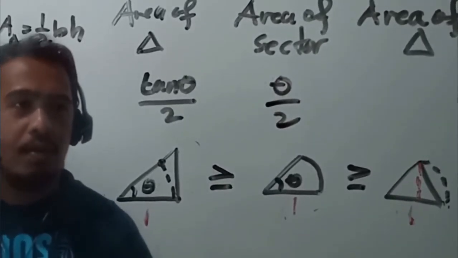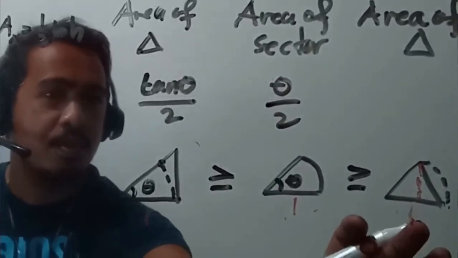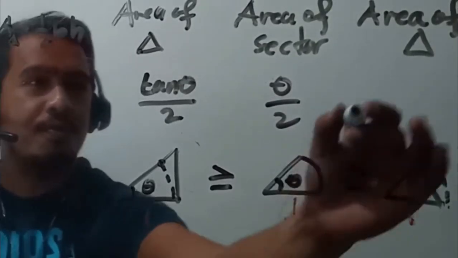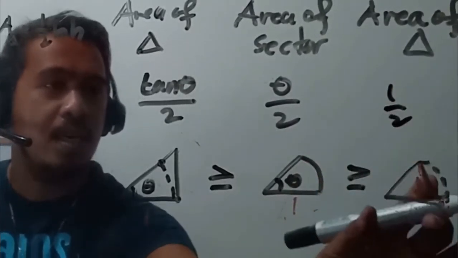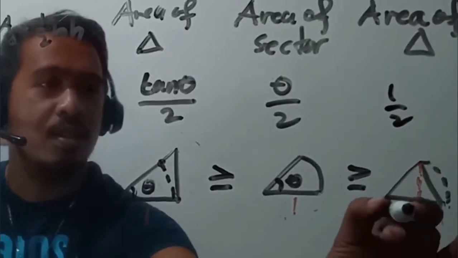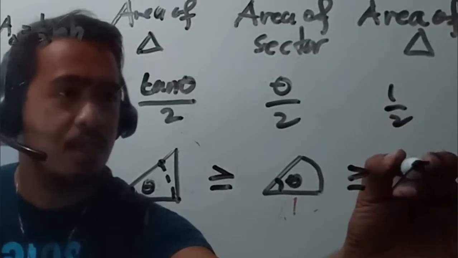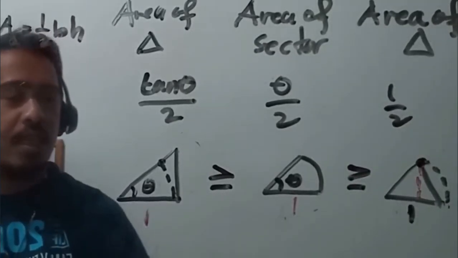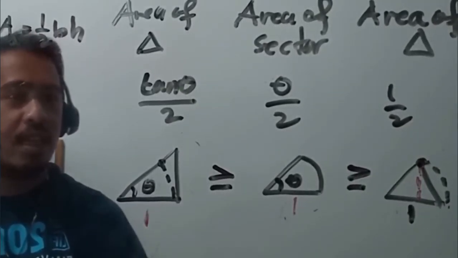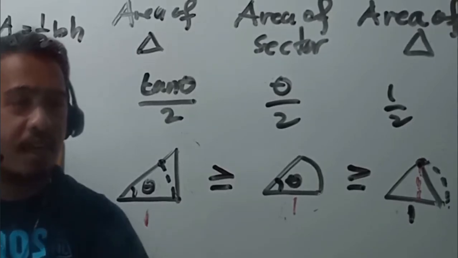While the area of the smaller triangle is 1/2 base times height. The base is also 1, but the height this time, remember, this is the point cosine theta, sine theta.